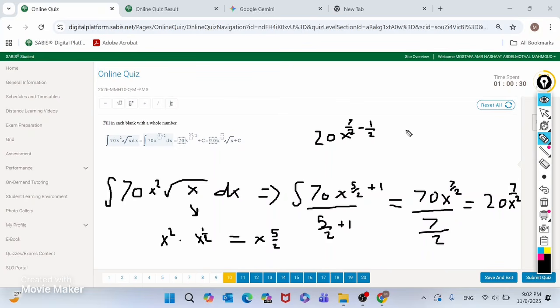You're going to get 6 over 2, which is 3. That gives you 20 x to the 3. And x to the power of 1 over 2 is just square root of x. So 20 x cubed square root x. Don't forget the plus c.